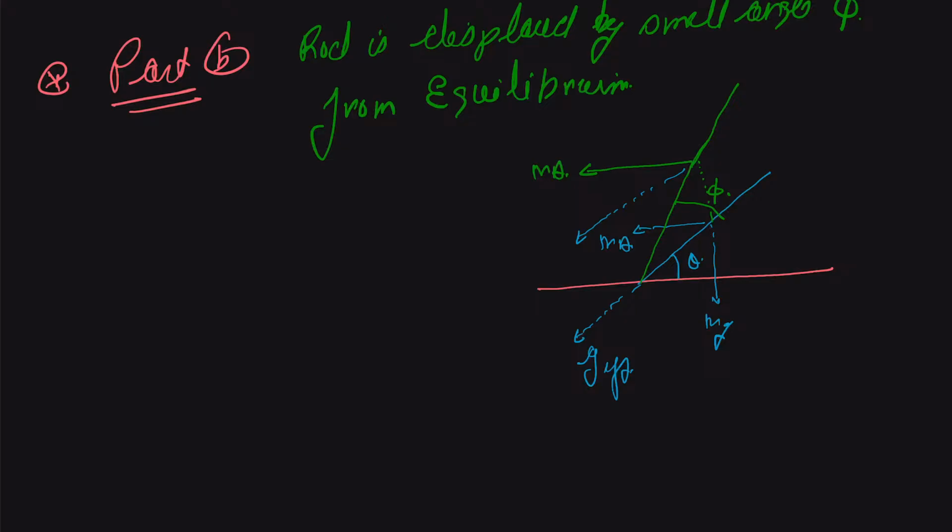For the rod to be in equilibrium, the G effective and the rod should align with each other. Now we have disturbed the equilibrium. So this is our AB, the original position, and this is our AB prime, a non-equilibrium position. Under non-equilibrium position, this G effective will not be aligned with the rod. So it will be at an angle, and this angle will be our phi.